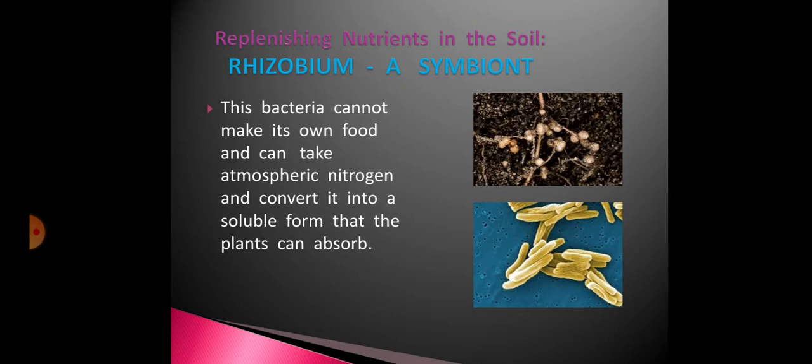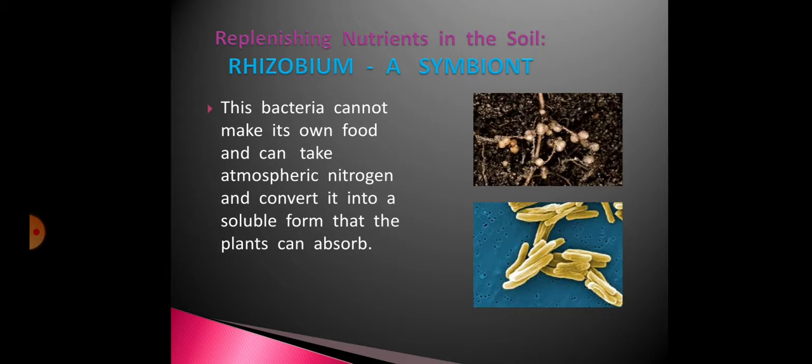As you all know that there is 78% of nitrogen present in our atmosphere, but plants cannot use it directly as they can use carbon dioxide. They require nitrogen in a soluble form. The bacterium called rhizobium can take atmospheric nitrogen and convert it into a soluble form.